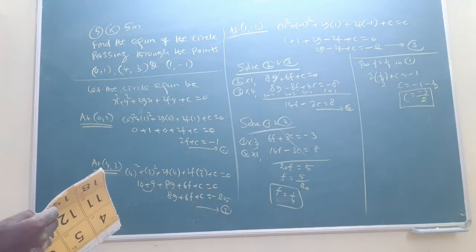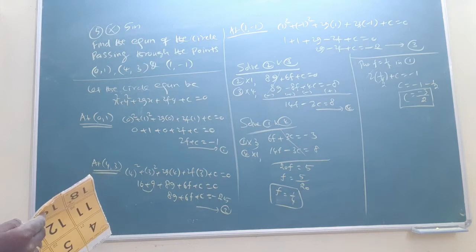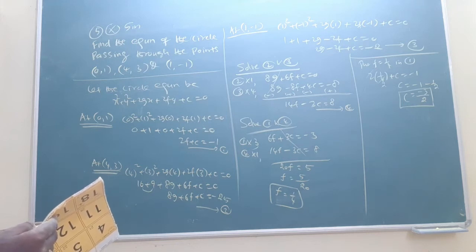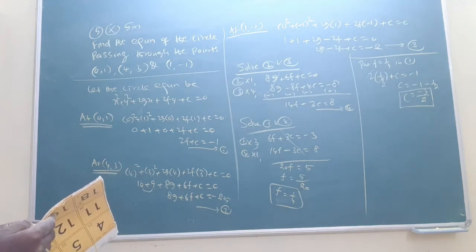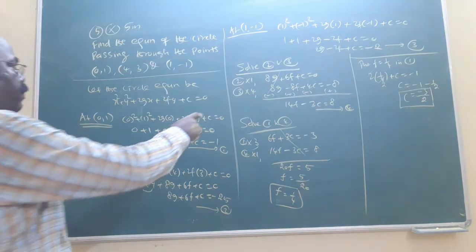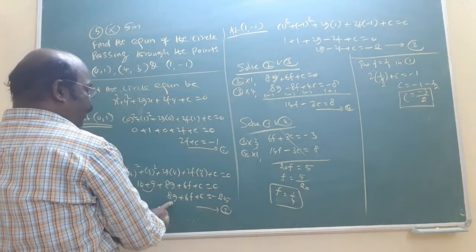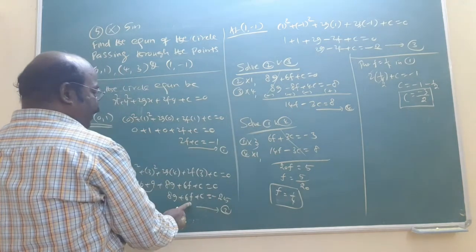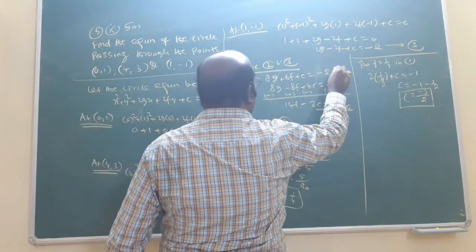That f is equal to minus 1 is coming. The second equation is multiplied by 1. This is correct. 8g plus 6f plus c equal to minus 25. You see here, minus 25. Am I right?